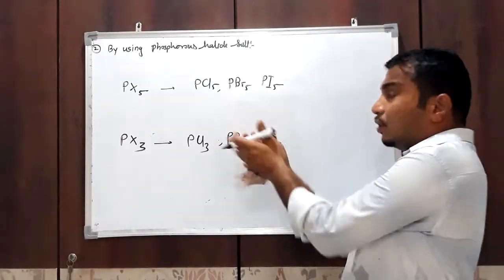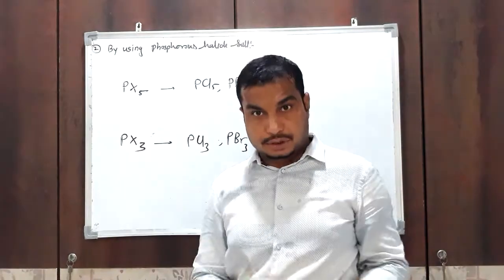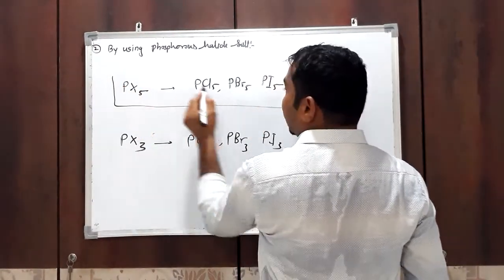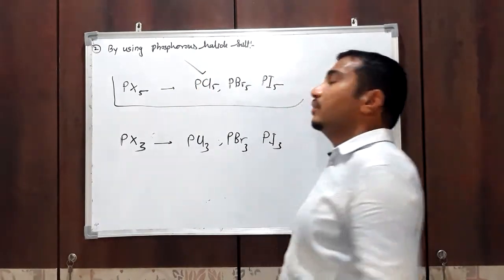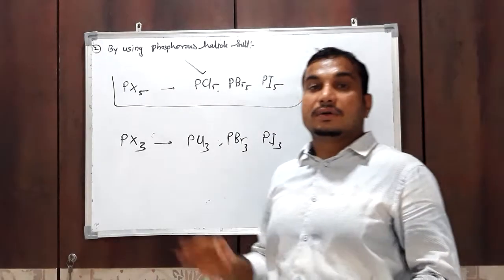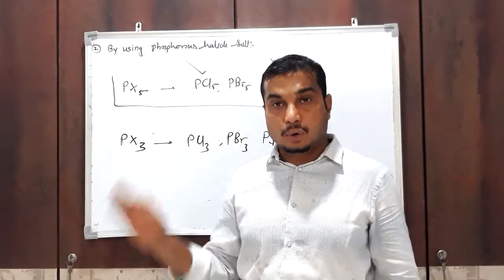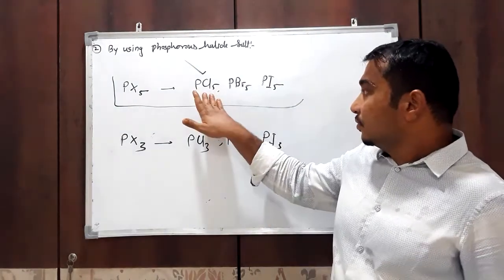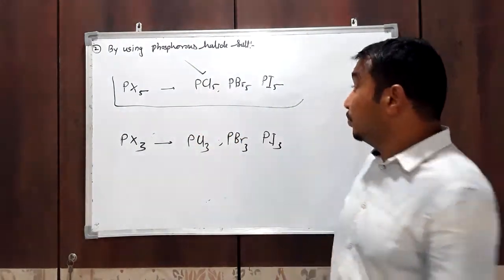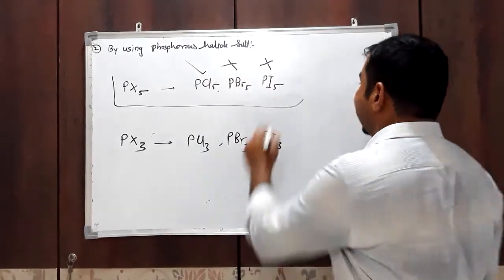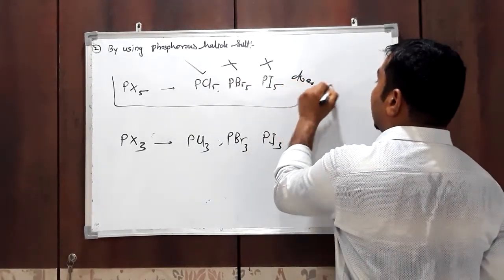But all these compounds are not available, do not exist due to stability. Here in pentahalide only PCl5 is available, it is stable. PCl5, phosphorus pentachloride, is energetically stable and it exists. But PBr5 and PI5 are not available, do not exist.